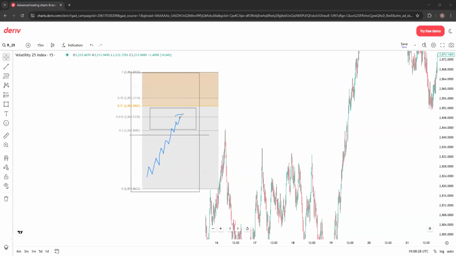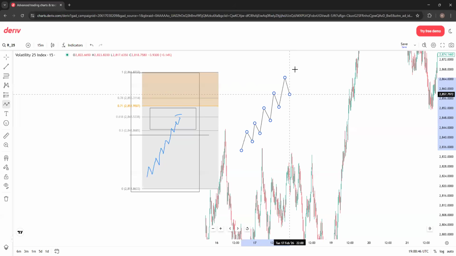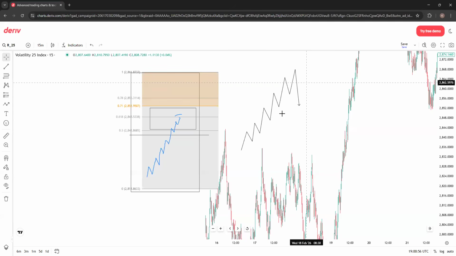Now, the only entry criteria that we will use when we come to these areas, and I will always repeat, is we want to see our market structure coming to our points of interest and then give us either a break of structure, a change of character, and a continuation. As long as we don't have a break of structure or a change of character at these points of interest, we are not going to sell anything.